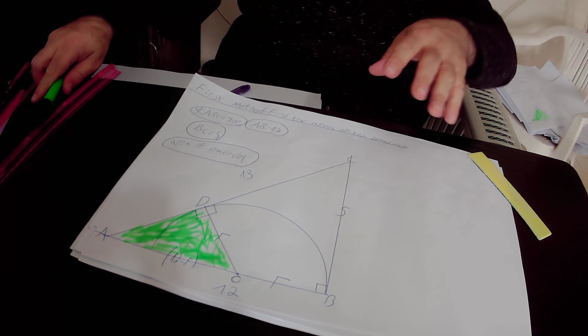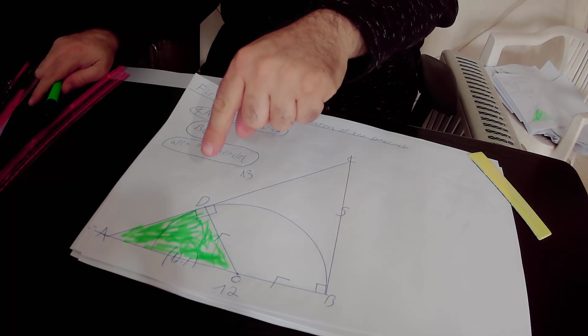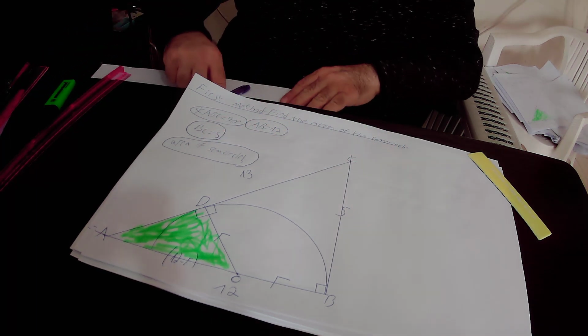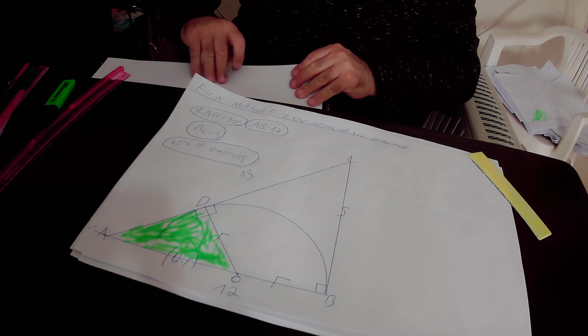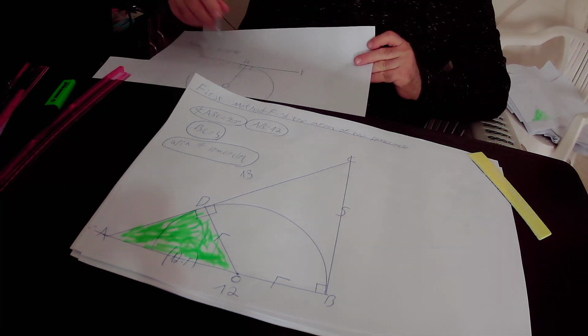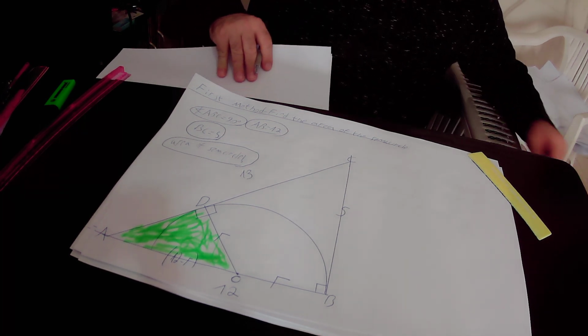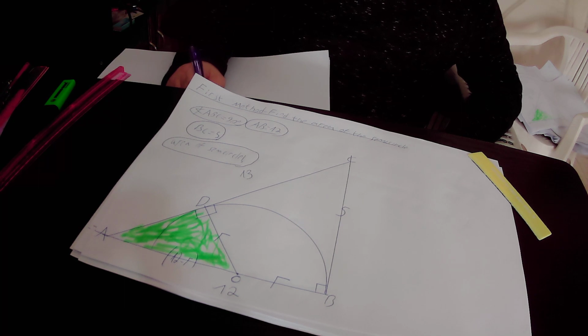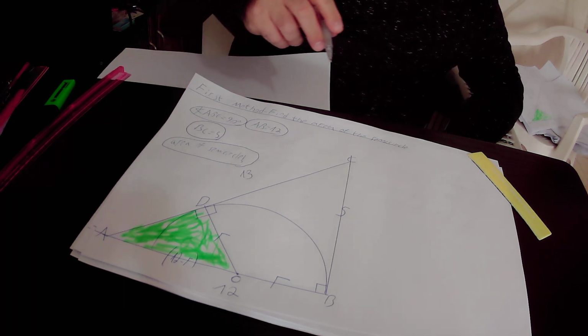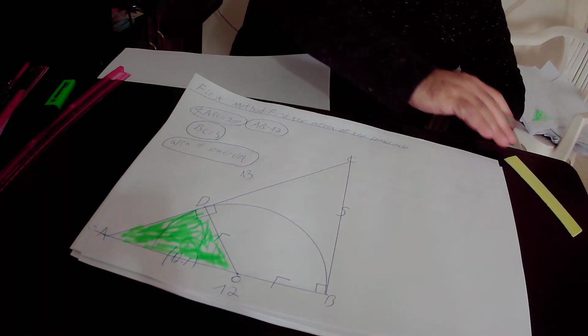So in the next step we will focus on the right triangle ABC and on the green triangle ADO. And we will prove that triangle ABC is similar to the green triangle ADO.